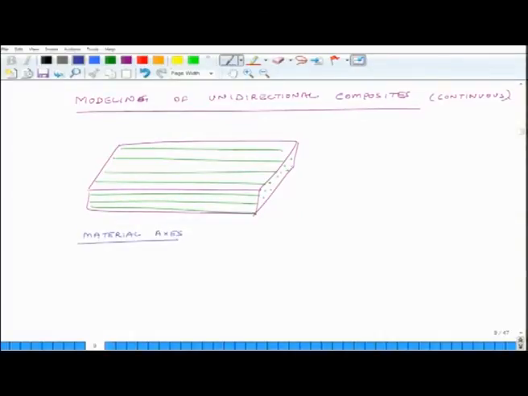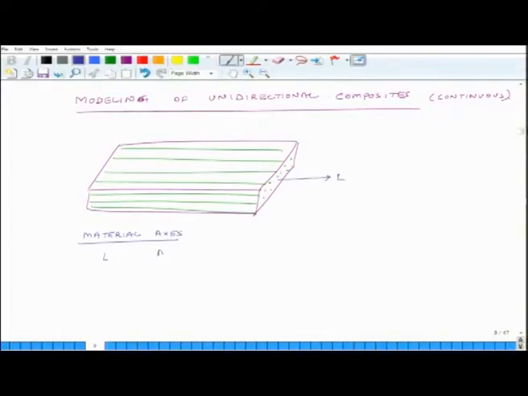So, what are the material axes? The first material axis is the length direction, or the L direction. So, let us look at it. This is called the L direction, sigma L. So, you have L, and what does L correspond to?